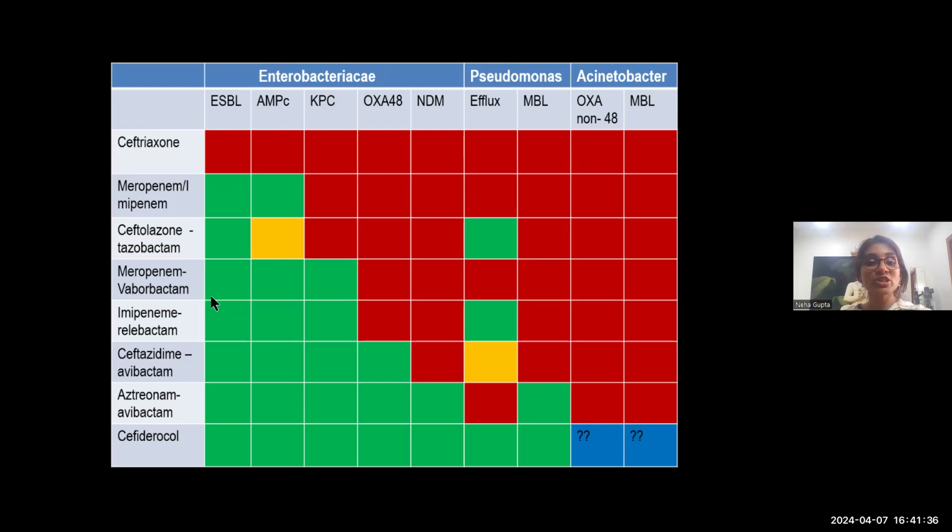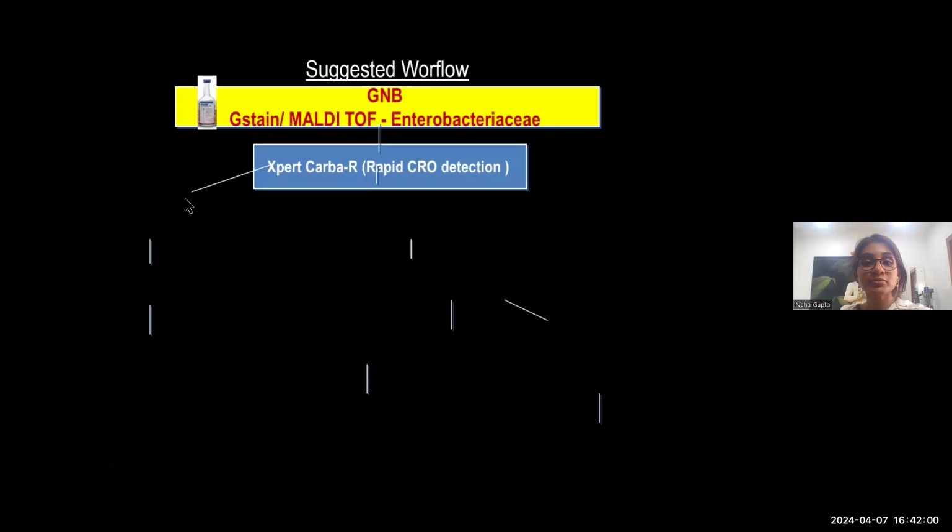We also have combinations like meropenem vaborbactam and imipenem relebactam, which are available in the US, and they are able to resist the hydrolysis from the KPCs. And of course, if it is NDM or OXA-48, then it will result in hydrolysis of the meropenem.